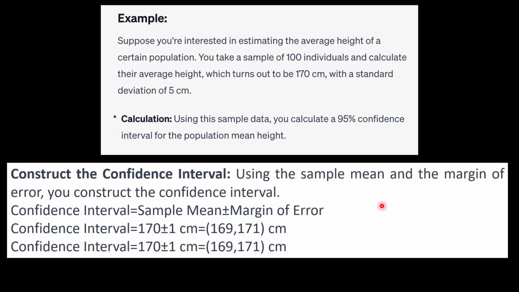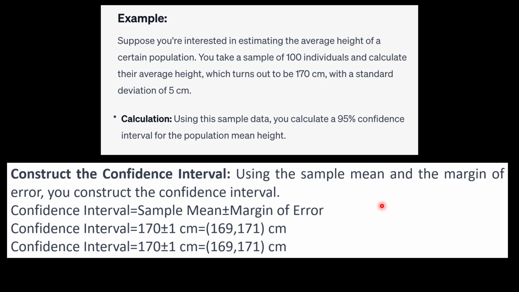So if you would like to calculate a confidence interval for the population mean height, if you want this sample to have generalizability, using the sample mean and the margin of error, you construct the confidence interval.